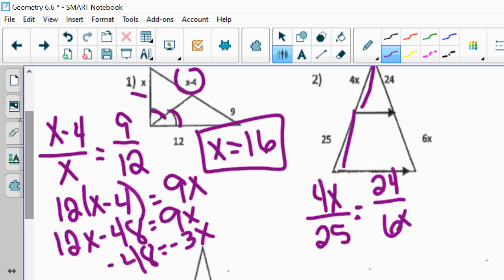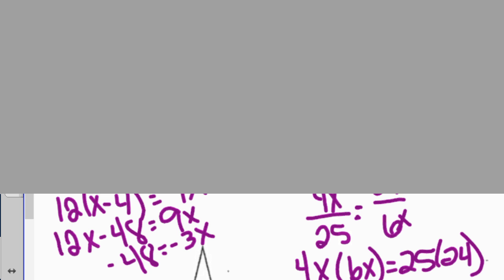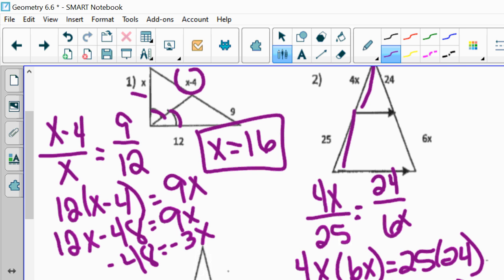Cross multiply, 4x times 6x equals 25 times 24. 4x times 6x gets me 24x squared equals 600. Divide by 24, x squared equals 25. I don't want x squared, so take the square root of both sides. Since I'm looking at length, I only need the positive one, x equals positive 5.